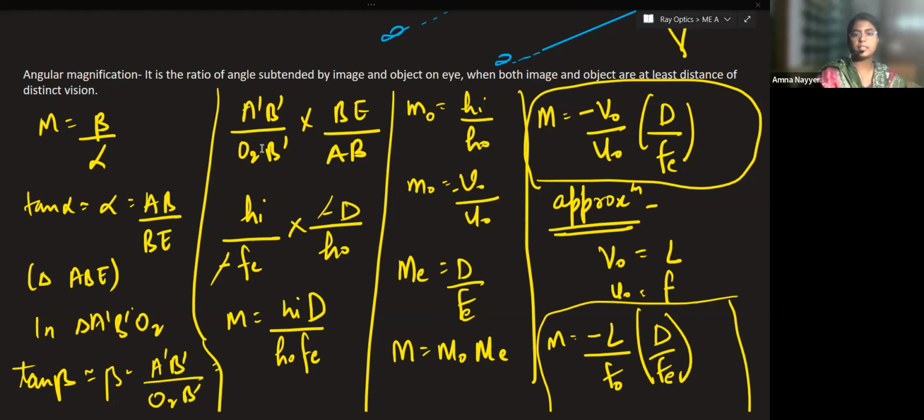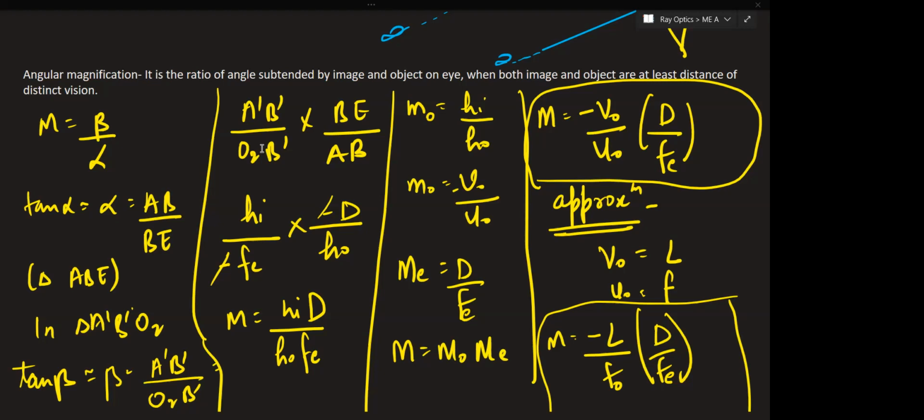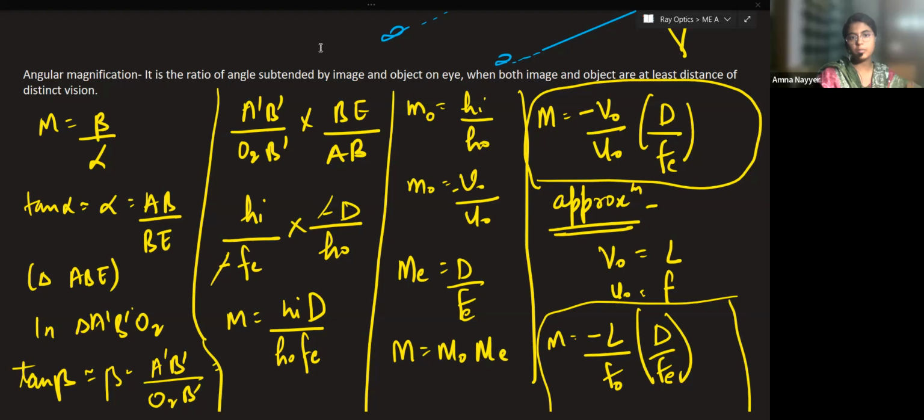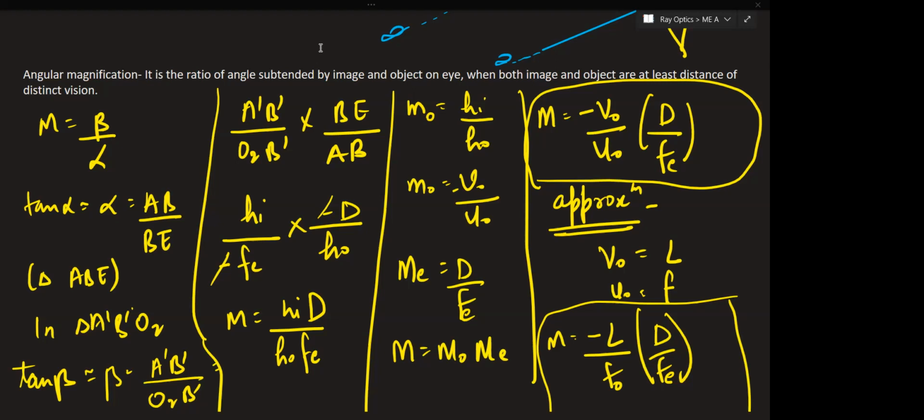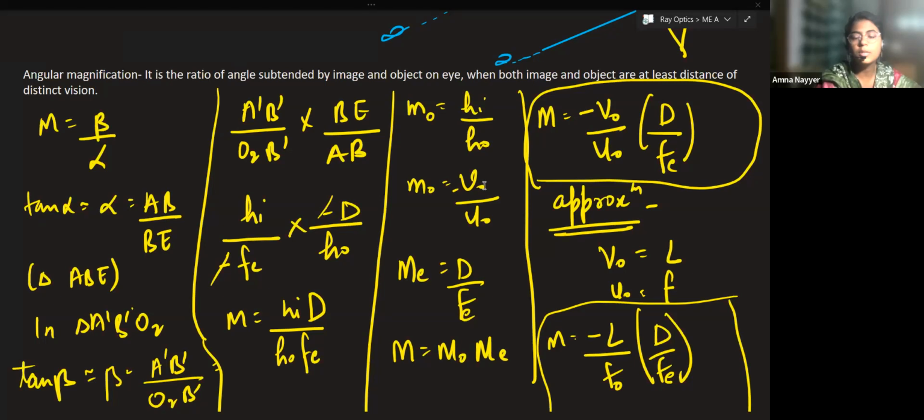Other one, when the image was at the least distance of distinct vision. Correct. Two cases we had seen: firstly when the image was at the least distance of distinct vision, and another case when the image was formed at infinity.